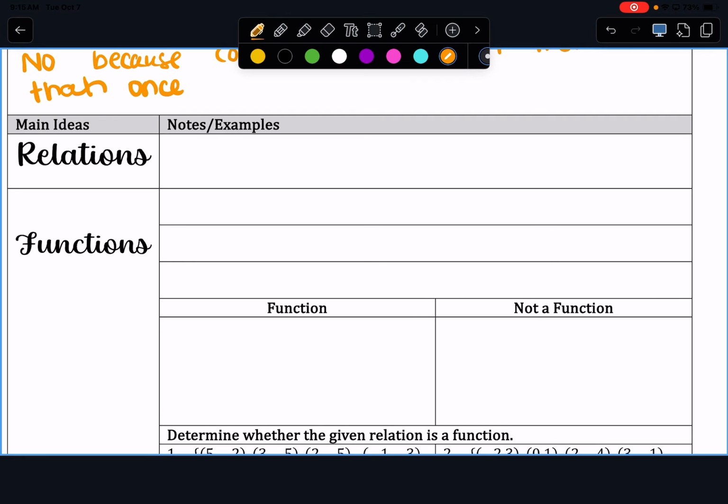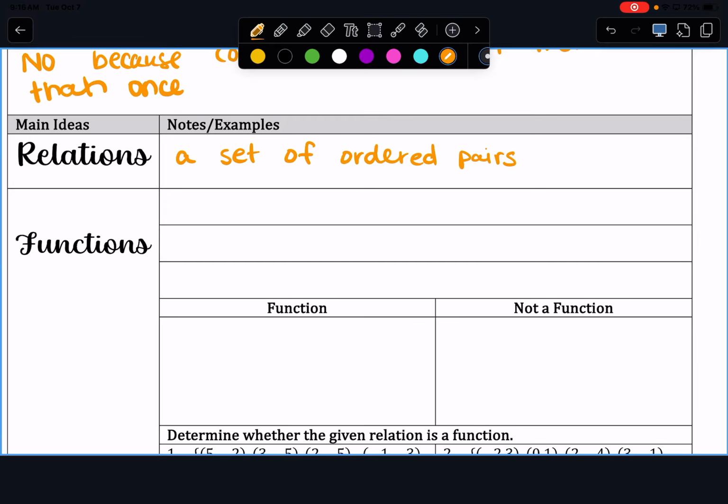Relations are just a set of ordered pairs. It can be anything that's related. So all of those relationships we talked about, the year the cup was hosted and the winner, that's a relation. The winner determining the score, that's a relation. It may not be a function, but it is a relation.